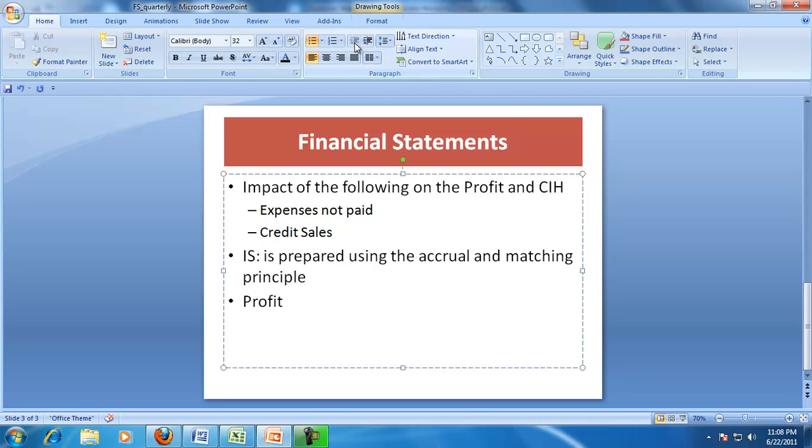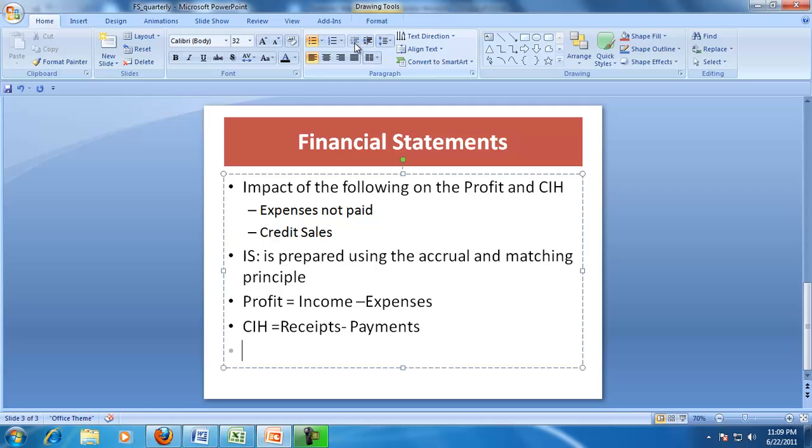So let me write down like this: profit is income for the period minus the expenses for the period, whether received or not, whereas cash in hand is receipts minus the payments. It doesn't matter whether it is for the current period or for the future or for the past.